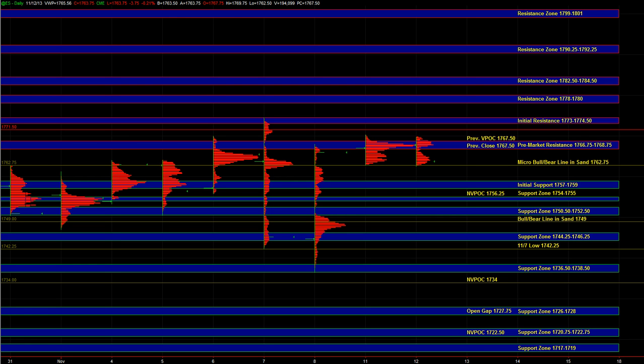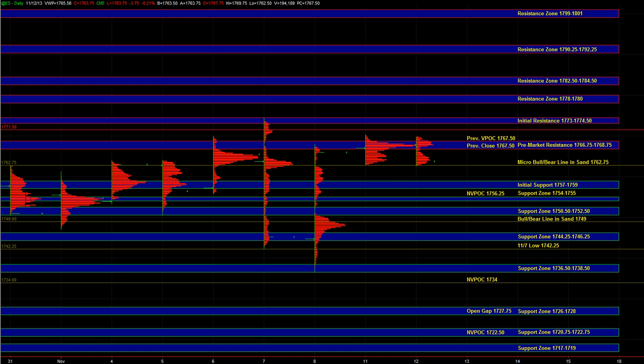Bigger picture, we have the bull bear line in the sand at 49. As long as buyers can hold ES above 49, the upside can still play out eventually, and buyers can regain short-term control. That's the scenario if we break and hold below 62.75.